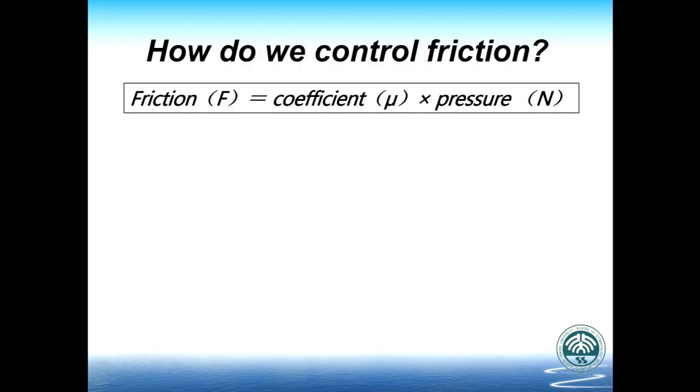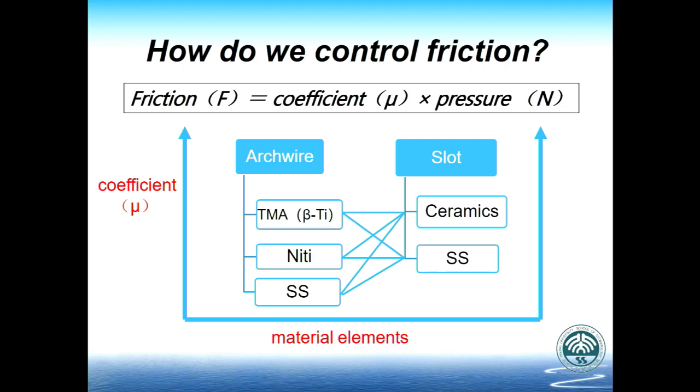So, how do we control the friction? We need to always remember the formula and then think about how we can adjust the coefficient. Different materials give different coefficients. We have TMA archwire, nitinol archwire, and stainless steel archwire.